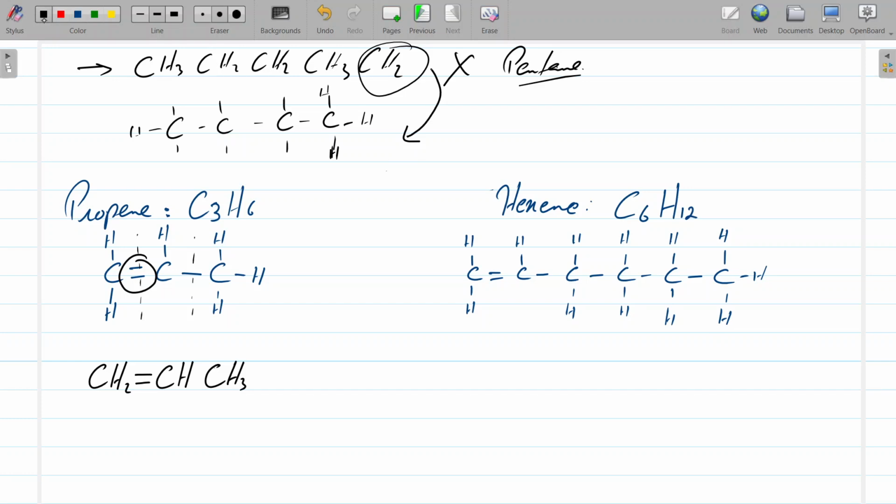And then you look at it in pieces. So, what is the structural formula going to be? CH2 double bond CH. Would you like to go or should I continue?